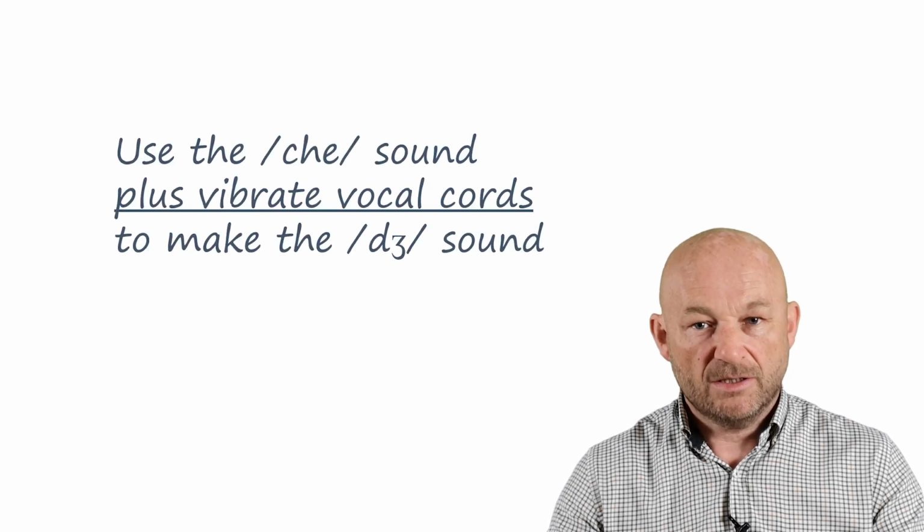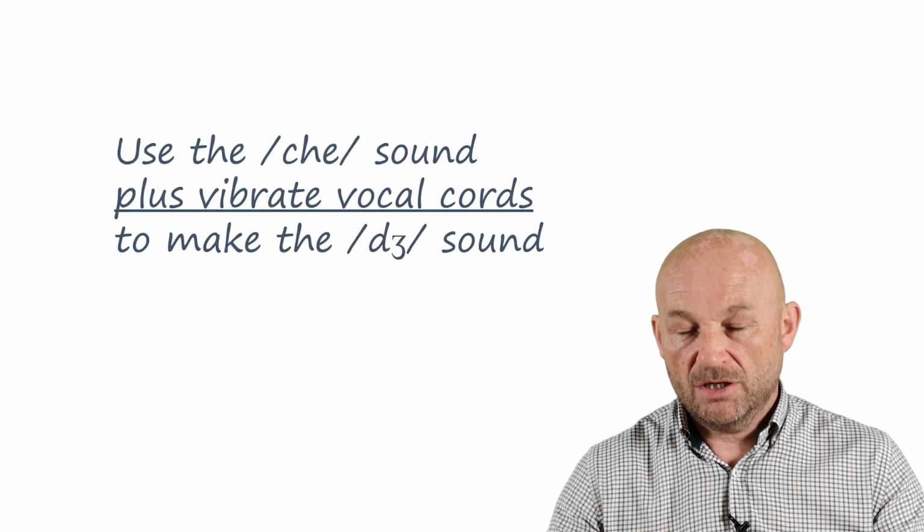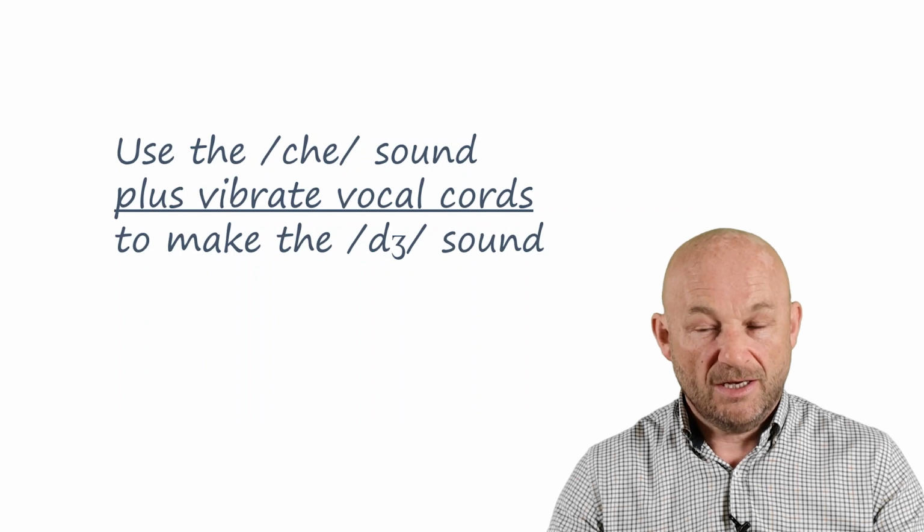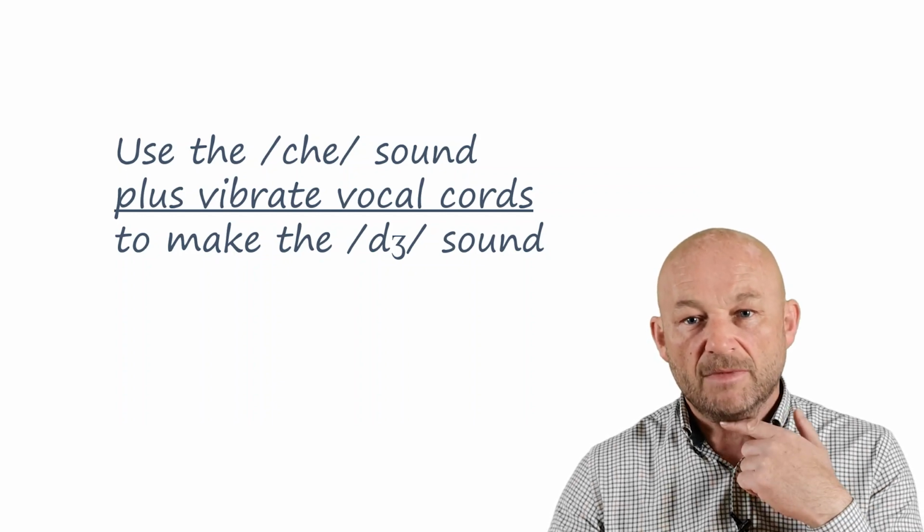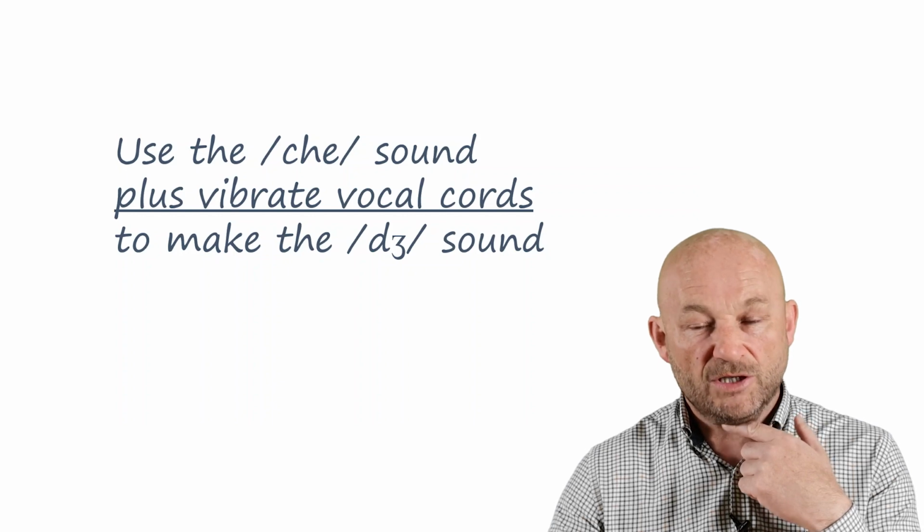Now, the only difference between the ch and j sounds in English is that in English we have to vibrate the vocal cords at the same time to make the j. Ch, j. There's no vibration with the ch sound. Make a ch, no vibration.